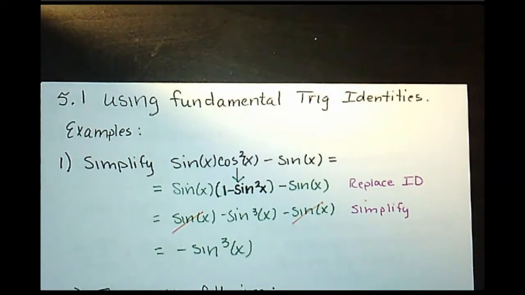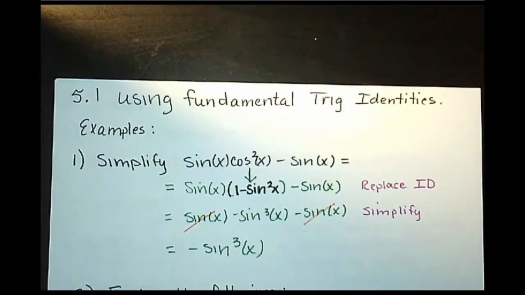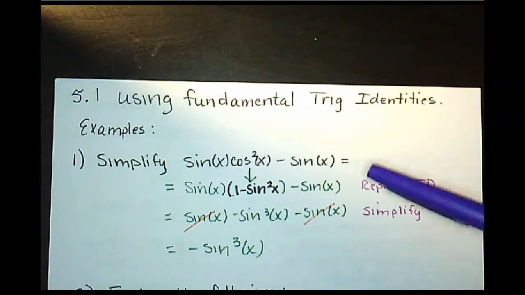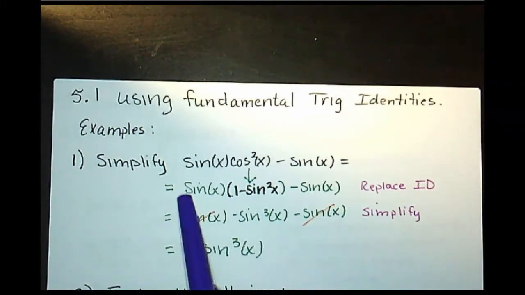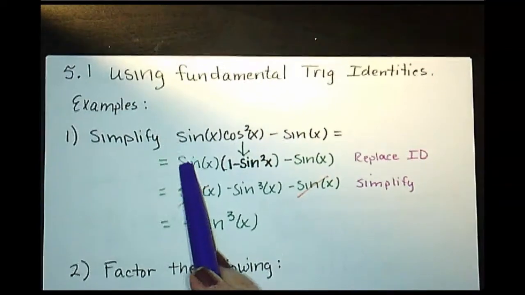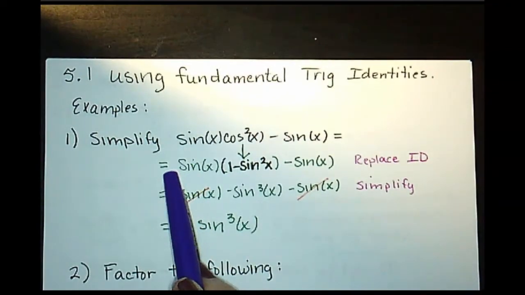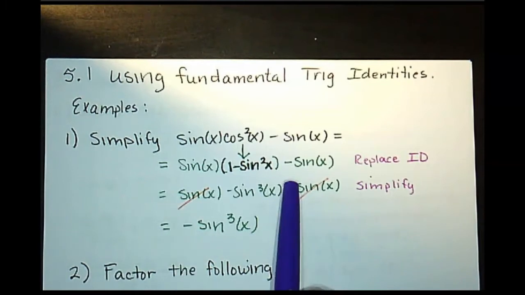The first one is simplify sine of x cosine squared x minus sine of x. This right here is the problem, so you have your equal sign at the end of your problem. This is where I started working. You can see that I have the equal sign right here in front because these are my steps, one step per line.